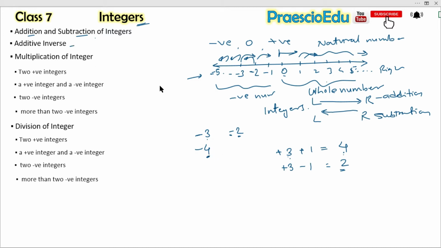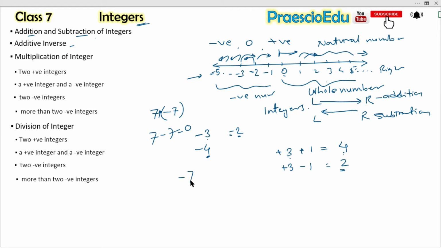Okay, so additive inverse. If we are adding any number and its inverse, suppose the number is 7, its inverse is minus 7. So 7 plus minus 7 means 7 minus 7, and the answer will be 0.